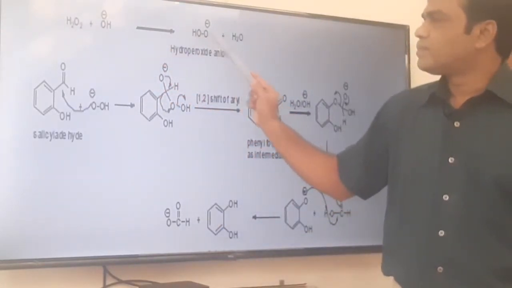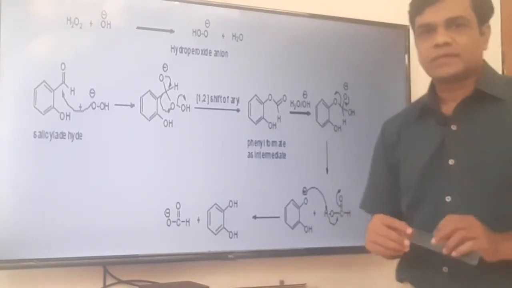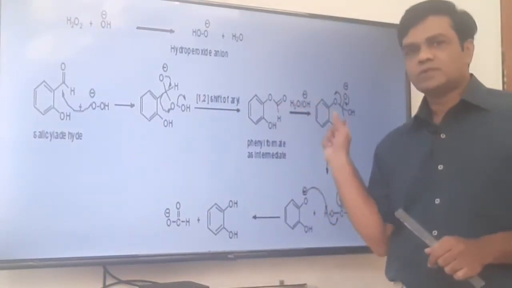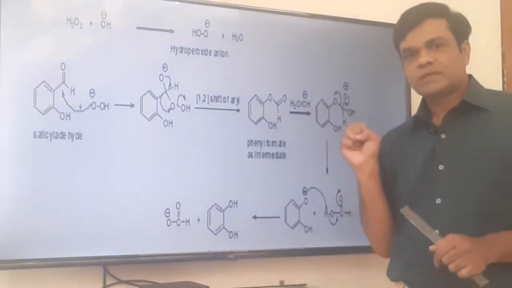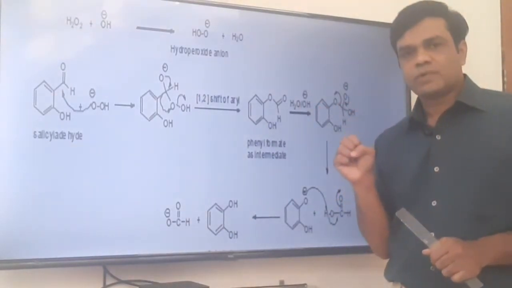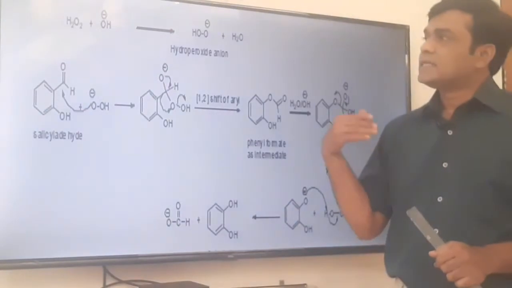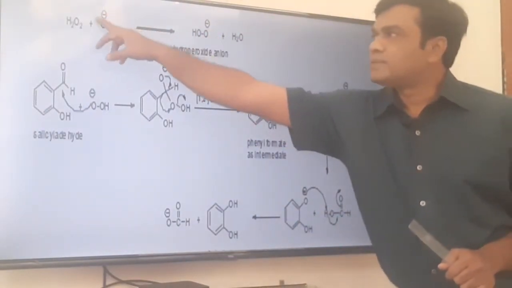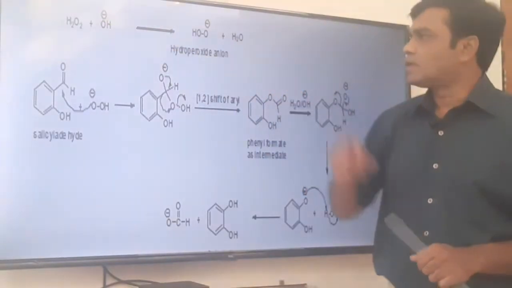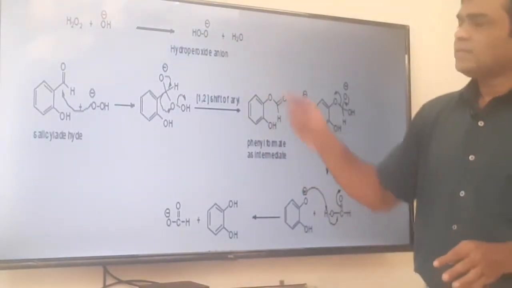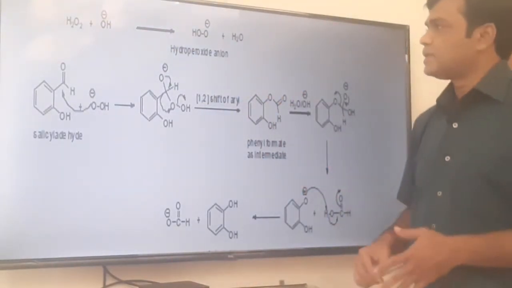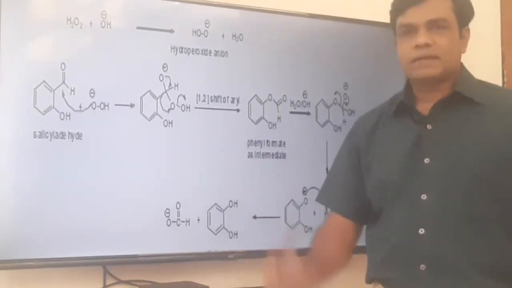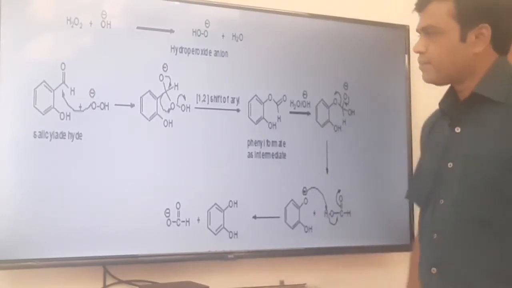HO2 negative. Okay, if you draw the structure of hydrogen peroxide, it is OH attached to OH. After abstraction of one of the protons from the OH group, what remains there? OH, O negative. That proton will be abstracted by this hydroxide ion to give the water molecule. What is the name of this ion? Hydroperoxide anion.